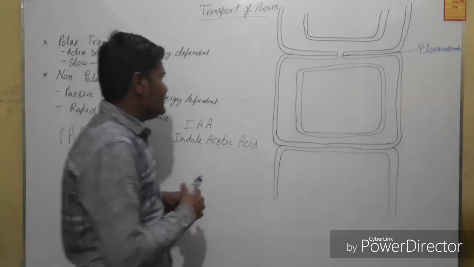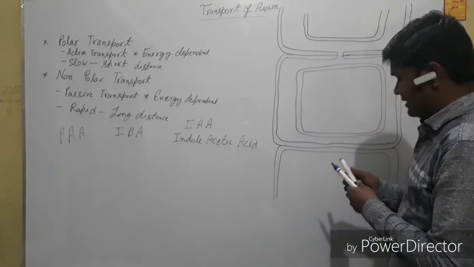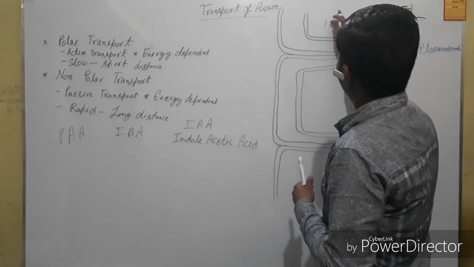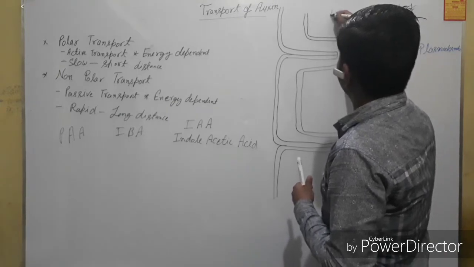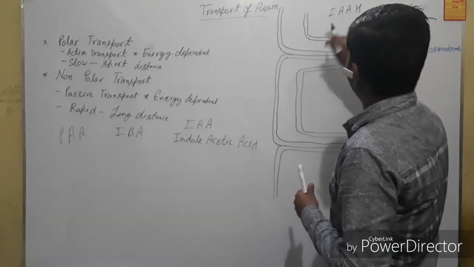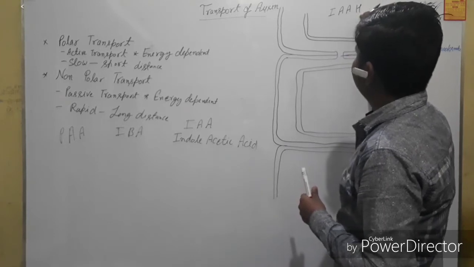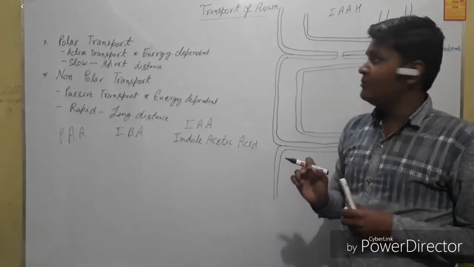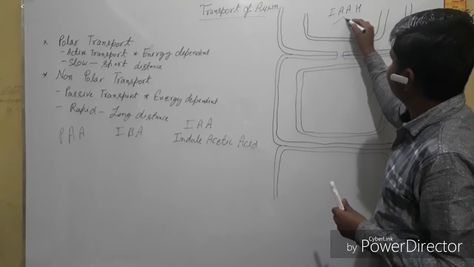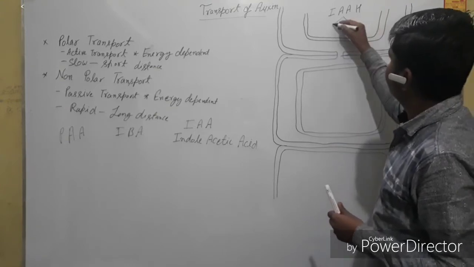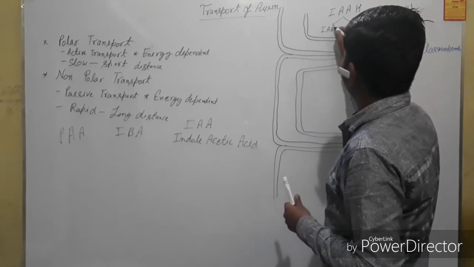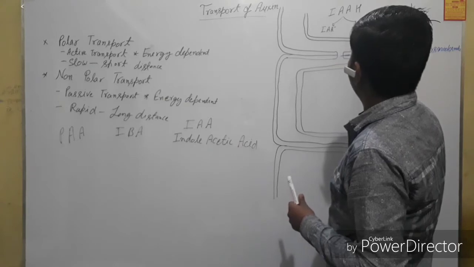Here we take indole acetic acid inside the cell, which is present in the bound form, known as IAAH. H means the protonated form of IAA. This one is the bound form. It breaks down to form IAA minus ion and H plus ion.